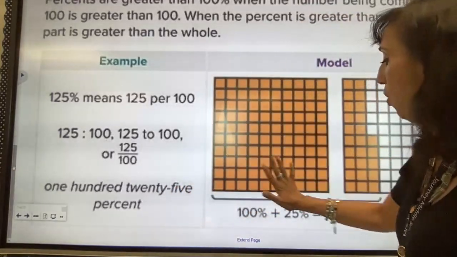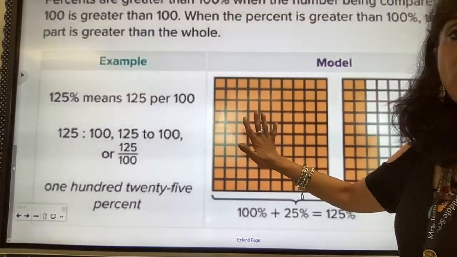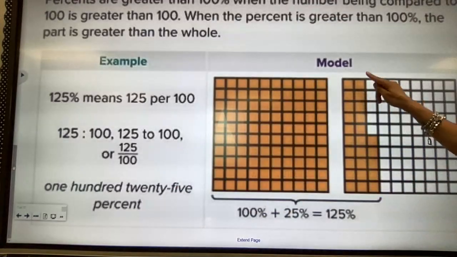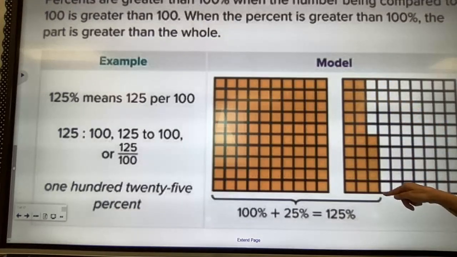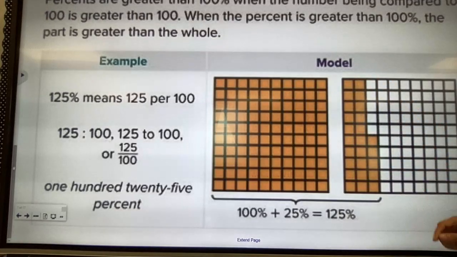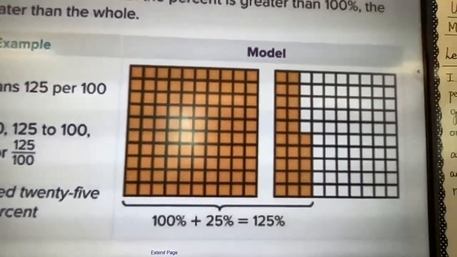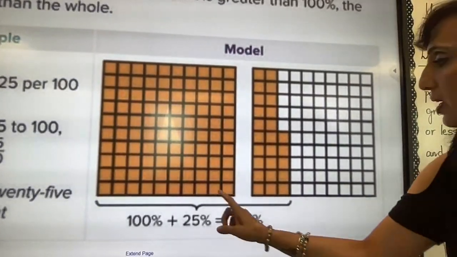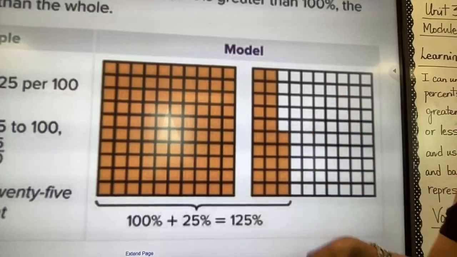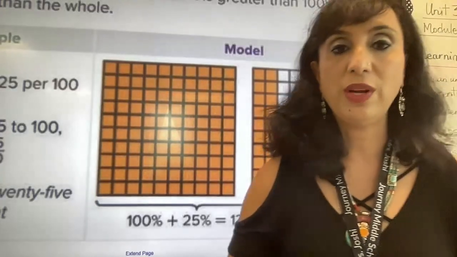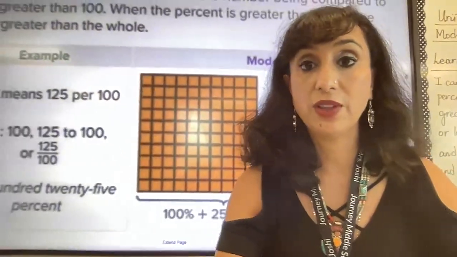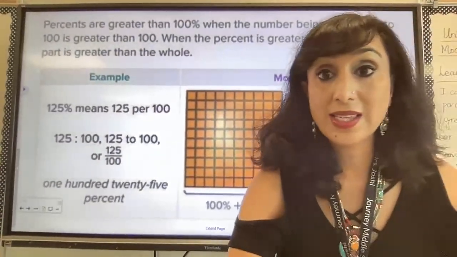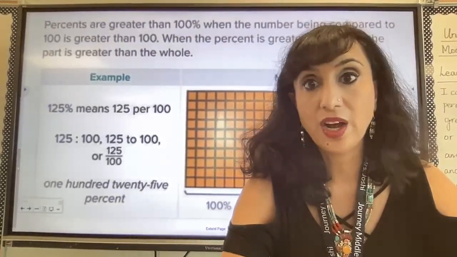So this is one whole, which is 100%, plus 25% in the other 10 by 10 grid. So 100 plus the 25 gives me 125%. And that is the model for percents that are larger than 100%.